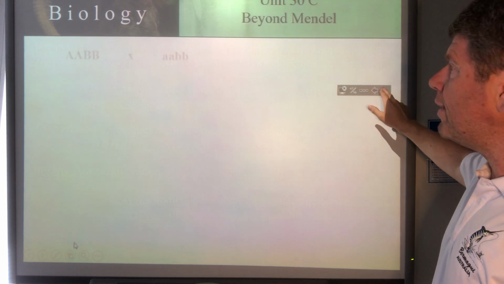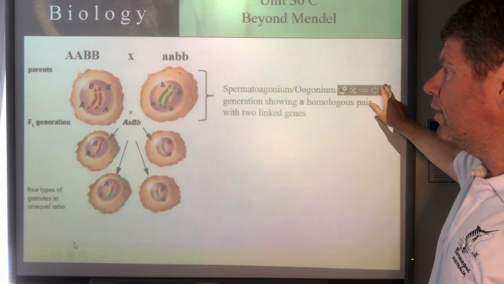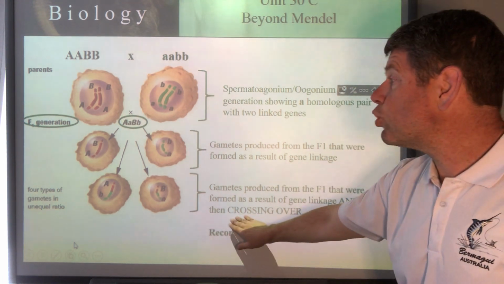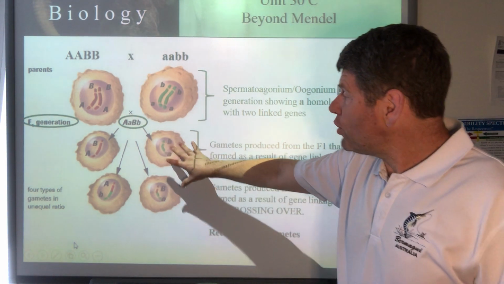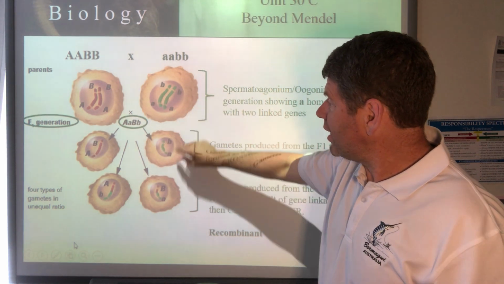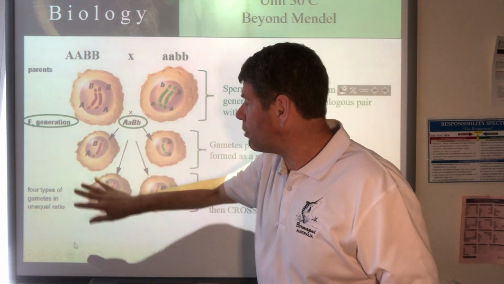So the only way that can be explained, as we can see, I'll just fast forward here, is crossing over. So these are the dominant gametes, right? Where the genes are linked and it's the expected double recessive, double dominant.